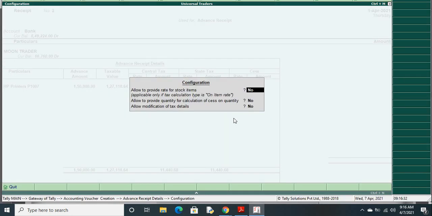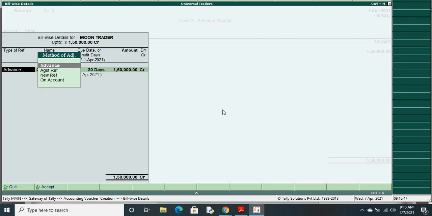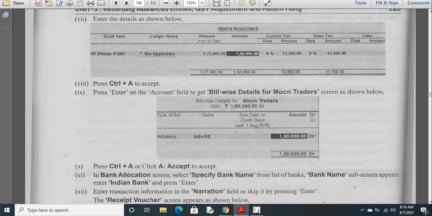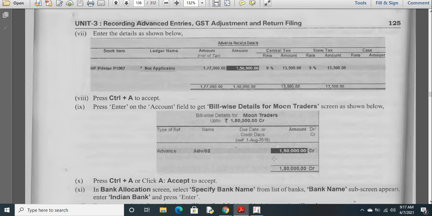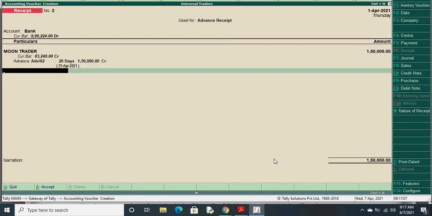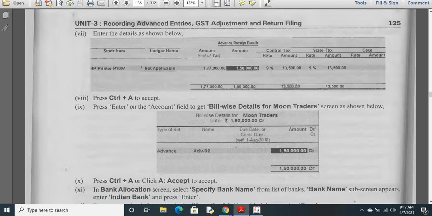Press F12: if tax calculation type is on item rate, allow provide quantity calculation. Here we are giving advance, so ADV by 0 to 20 days, 1,50,000 will be the advance, and 1,77,000 has to come. This is the advance I have given.